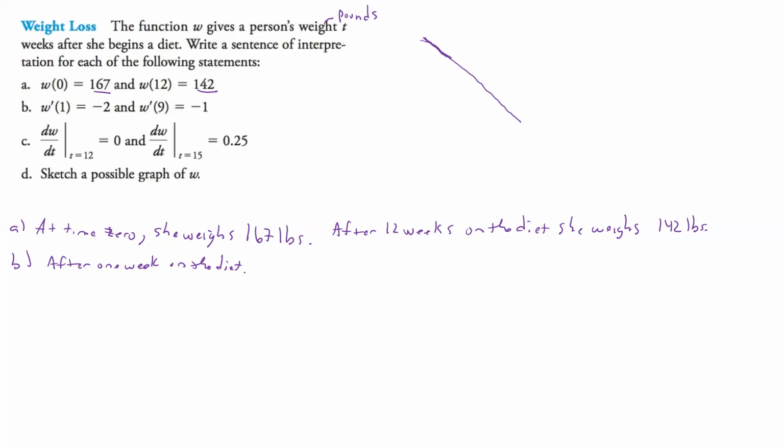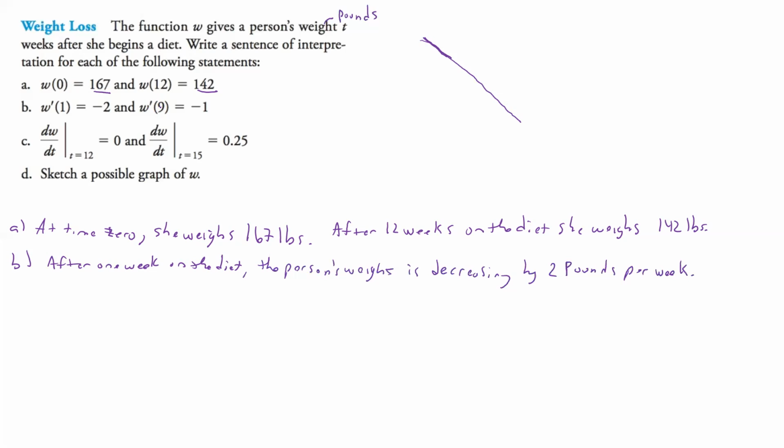So what we can say is after 1 week on the diet, the person's weight is decreasing by 2 pounds per week.